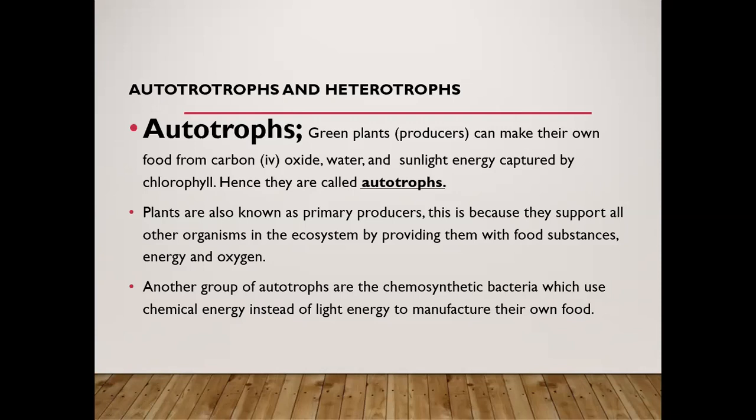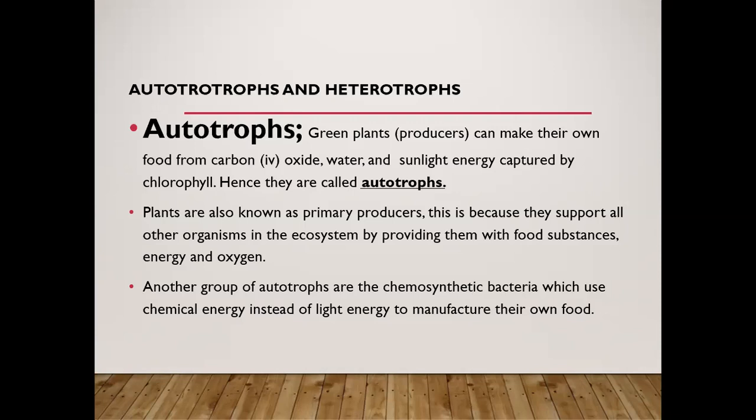The means of nutrition is known as autotrophic nutrition. But we are not really going into nutrition now. We are going into how organisms relate in the environment. So, grouping of biotic organisms in the ecosystem can still follow this: autotrophs and heterotrophs.